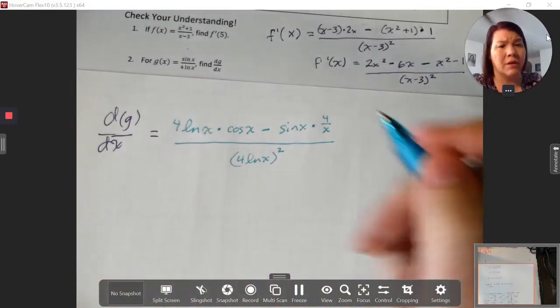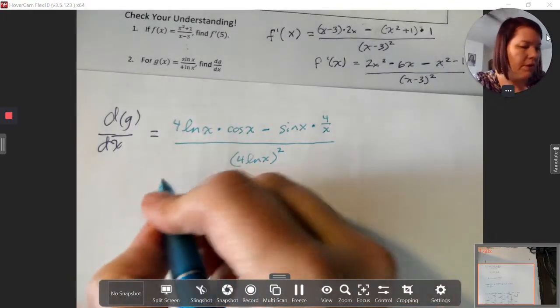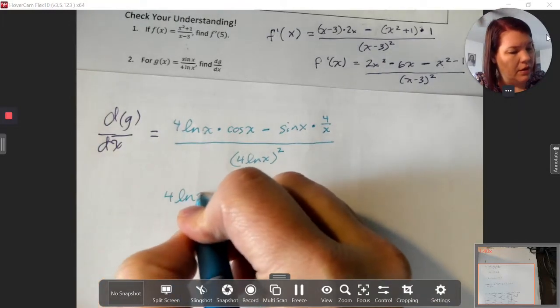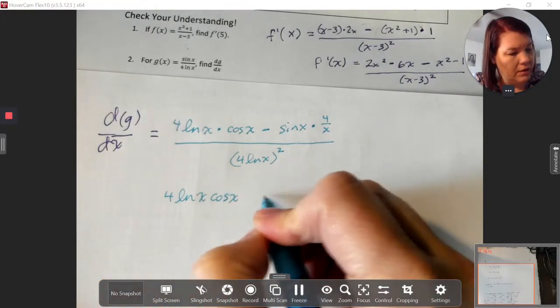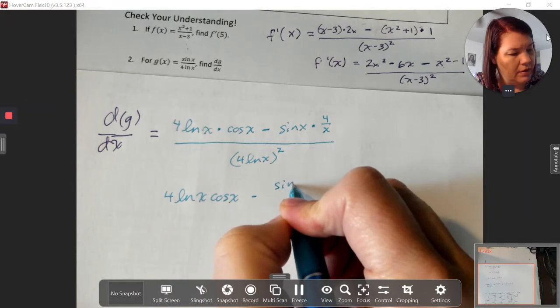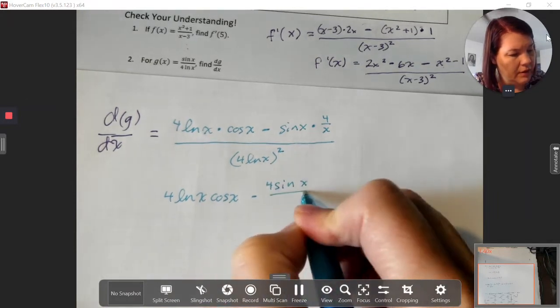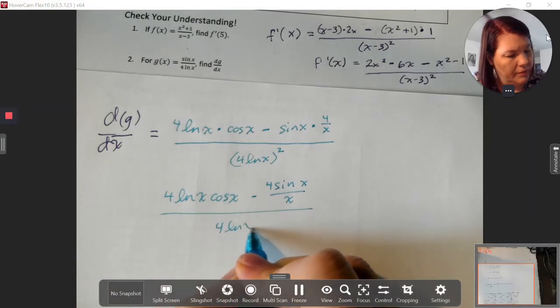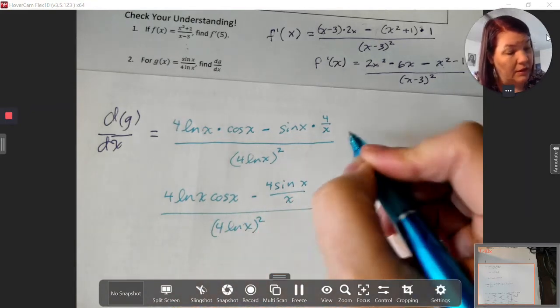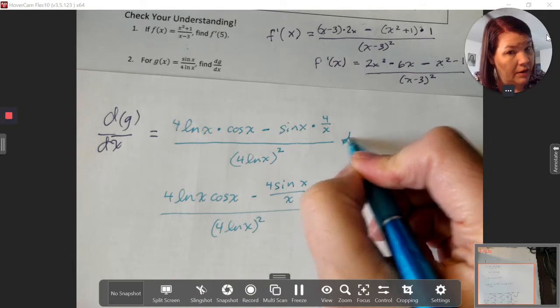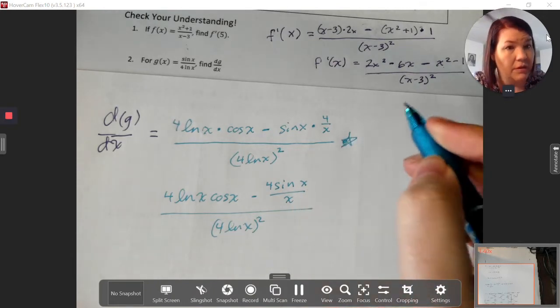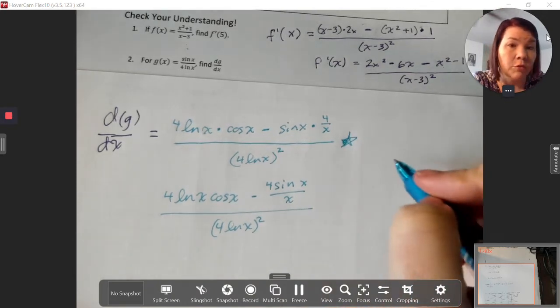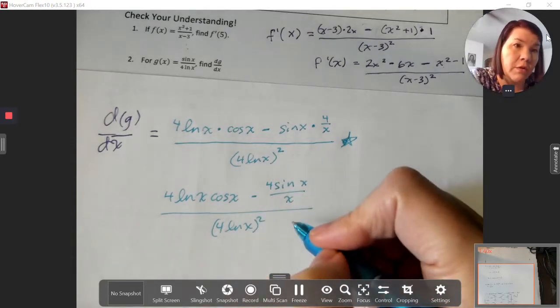Actually, we're going to clean it up so that if it was on a circuit or something, we could find it. 4 ln x cosine x minus sine 4 sine x over x all over. But technically, this is the answer, and you can stop right there if it's an open-ended question. But if you're looking for a multiple choice answer or a specific answer, then you go through this process.